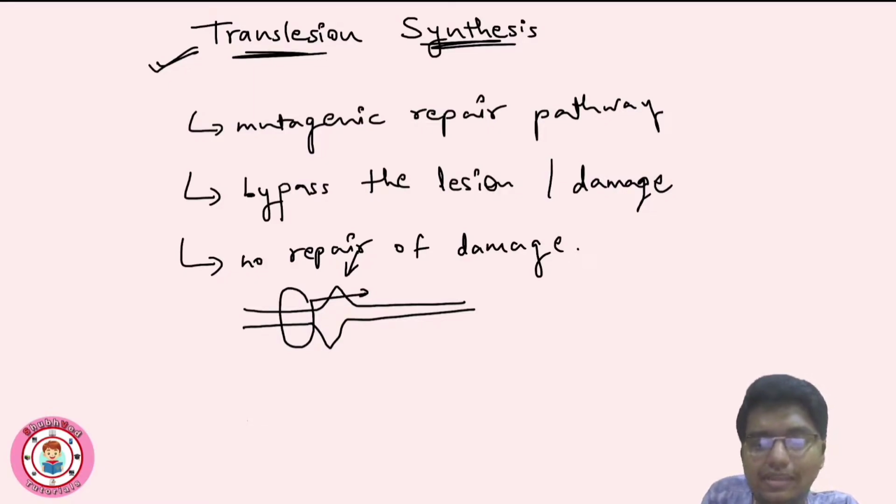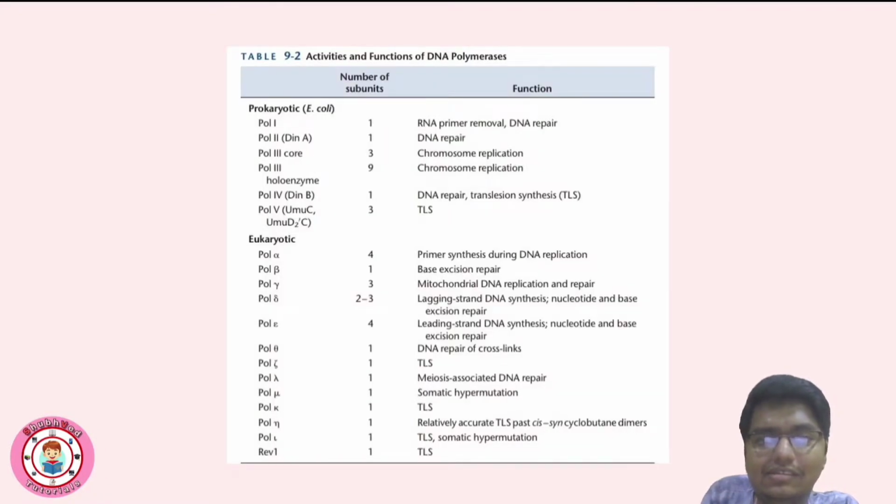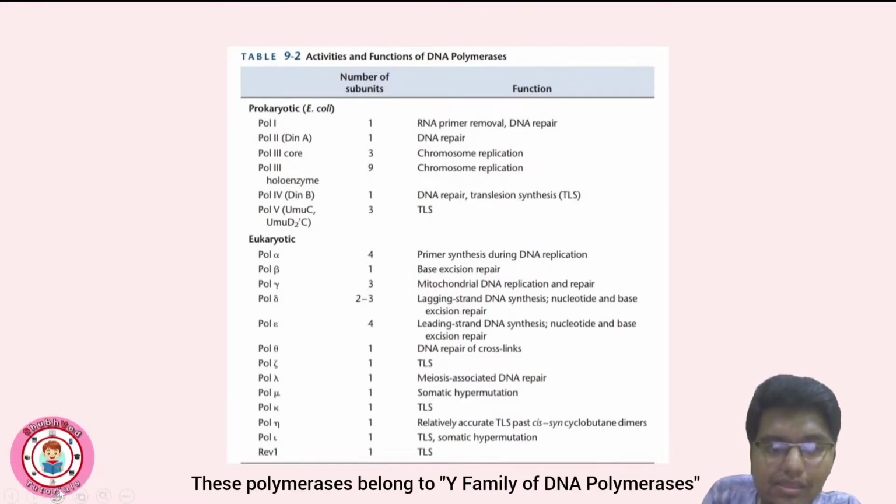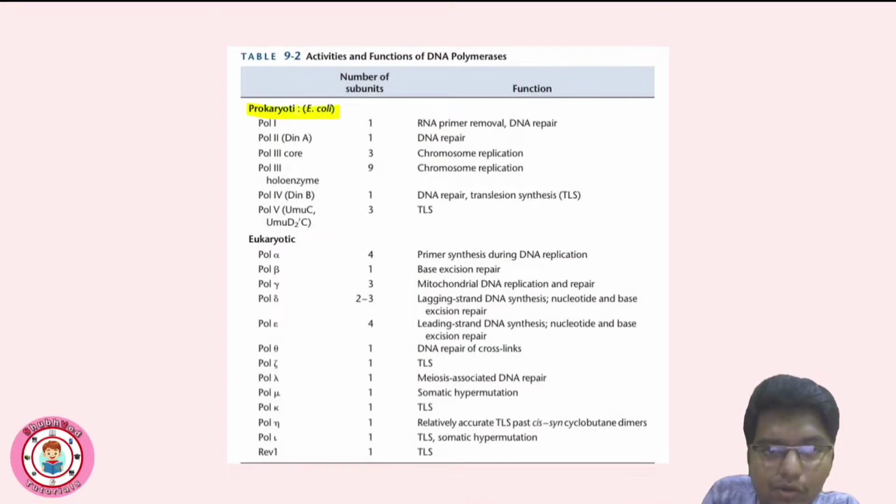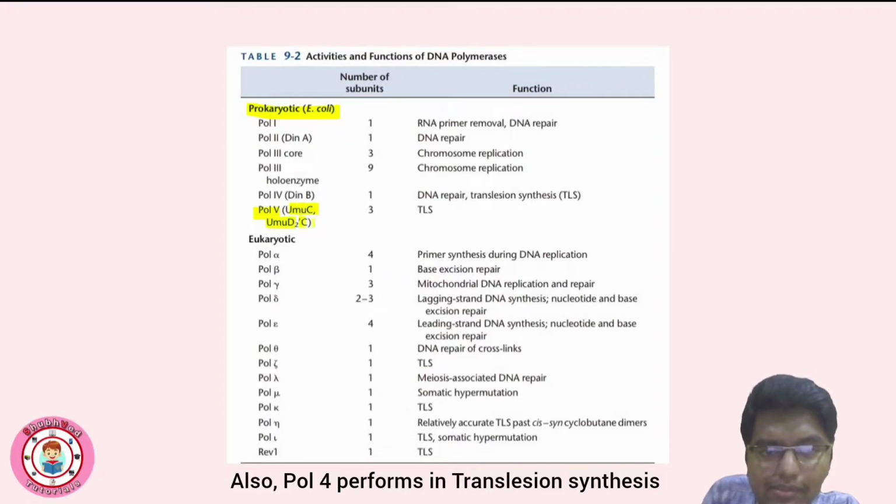So let's see. First of all, there are special polymerases for translesion synthesis. Which are those polymerases? In prokaryotes, these are the polymerases: polymerase V, UmuD2'C.